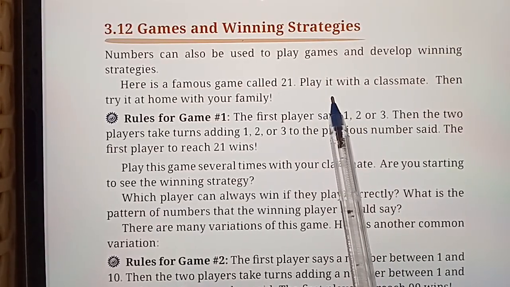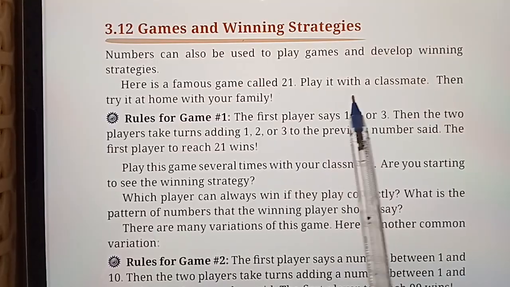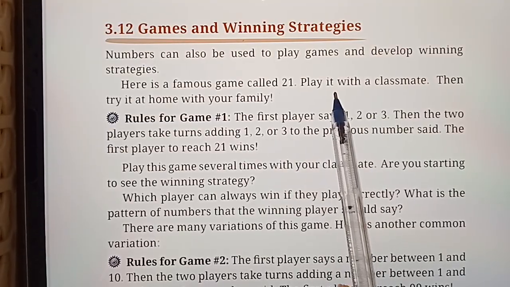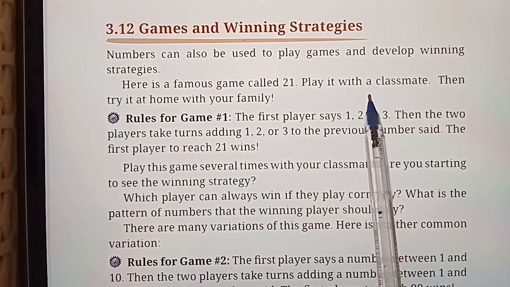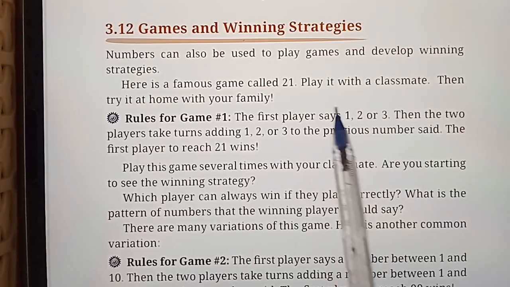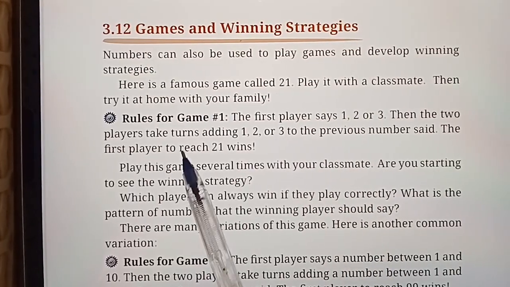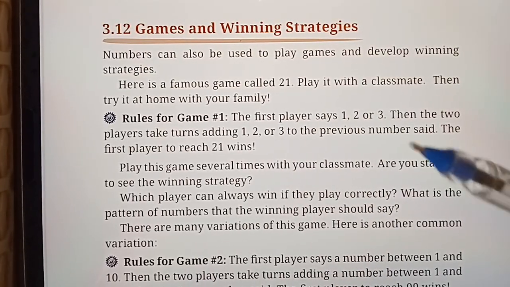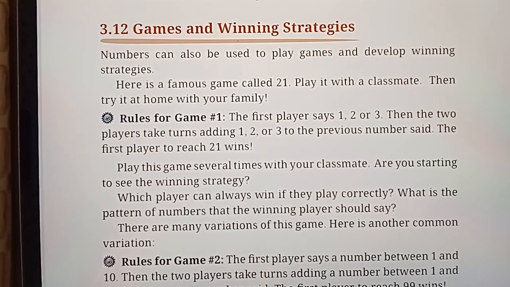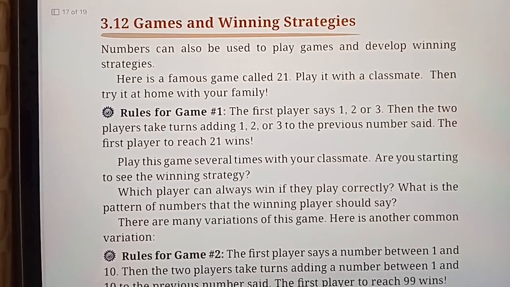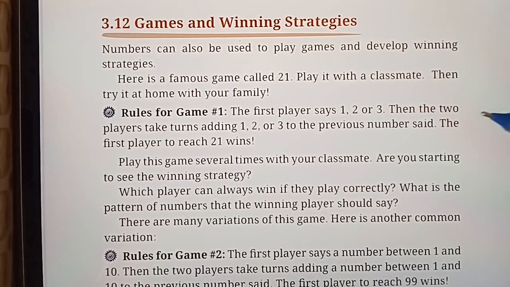Suppose I'm adding 3. So 3 plus 3 is 6. So if this player said 6, then the next player should add something to 6. The player who adds something to the number the last player said and gets 21 wins. So this is how numbers can be used in games and winning strategies.